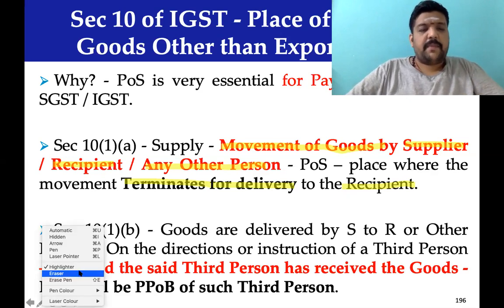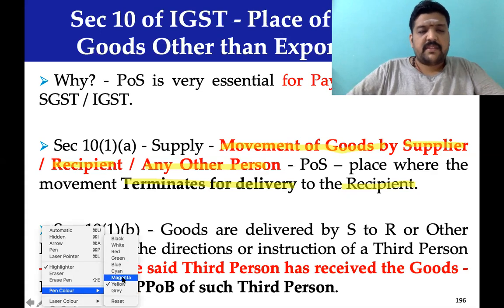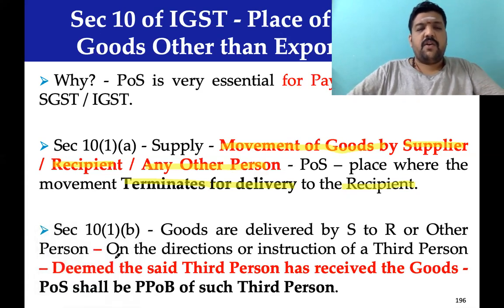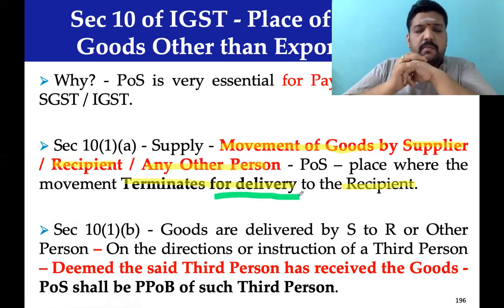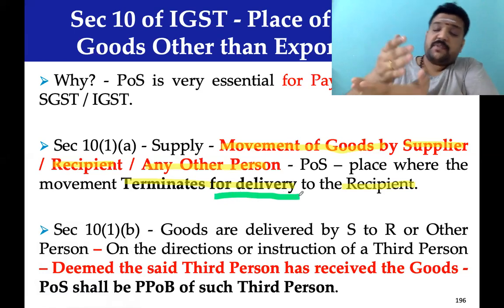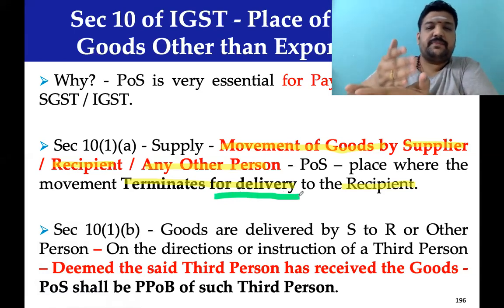Now, the word we need to concentrate on here is this: place of supply will be the place where the movement of goods terminates for delivery. What do we mean by the term for delivery? All risk, all responsibility, everything stops at that location.